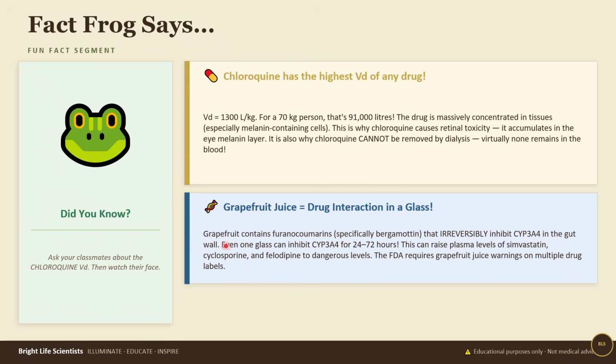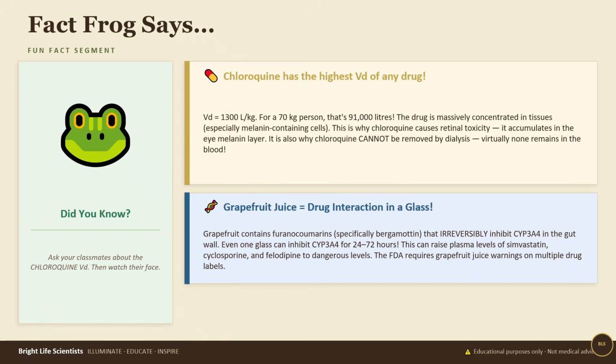So one glass can inhibit CYP3A4 for about 24 to 72 hours. That's about 1 to 3 days. During that window, plasma levels of simvastatin, cyclosporin, and felodipine can rise to dangerous levels, with the risk of rhabdomyolysis from statins and nephrotoxicity from cyclosporin. So the FDA requires grapefruit juice warnings on multiple drug labels because of this.